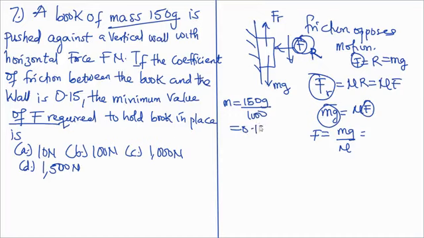So that is 0.15 kilogram. So that will be 0.15 times 10 over our coefficient of friction, 0.15. 0.15 divided by 0.15, so our force is 10 Newton. You can see now that it's very, very simple.